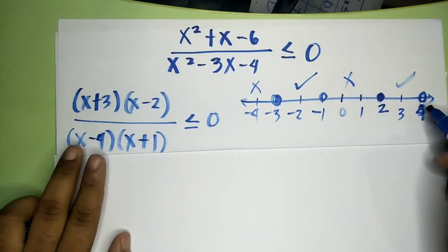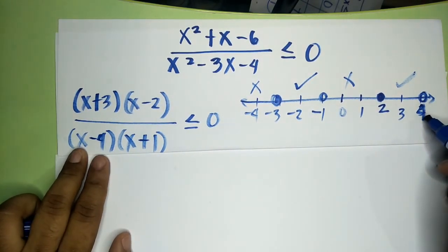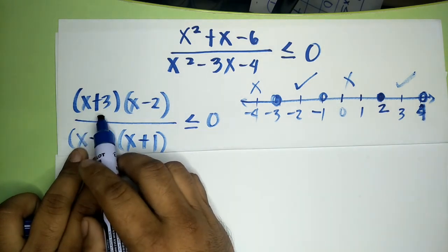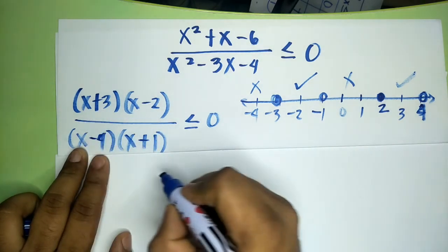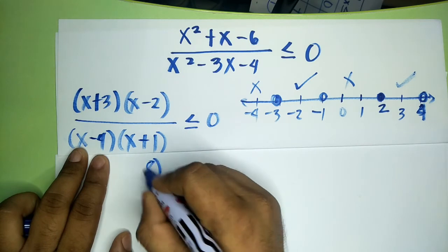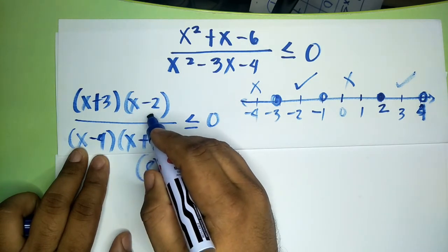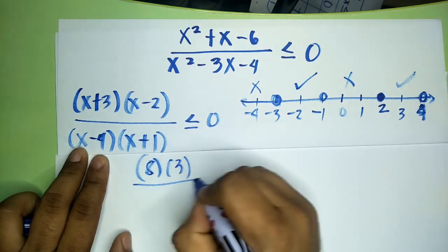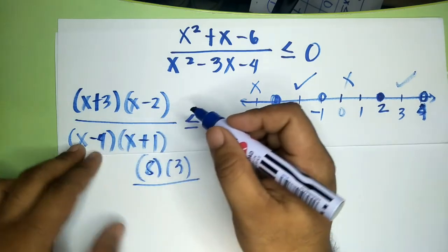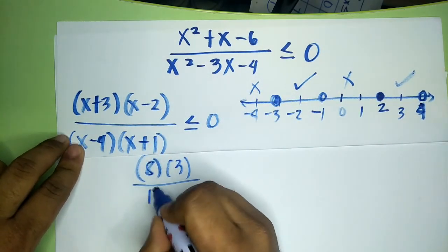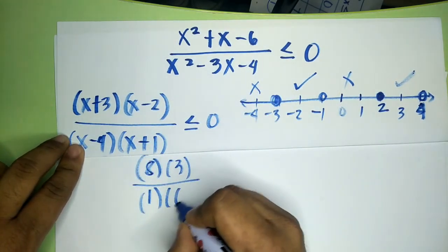Try naman natin yung nasa kanan ni 4. So that is 5. So 5 plus 3, that is 8 times 5 minus 2 is 3. 5 minus 4, that is 1. 5 plus 1 is 6.